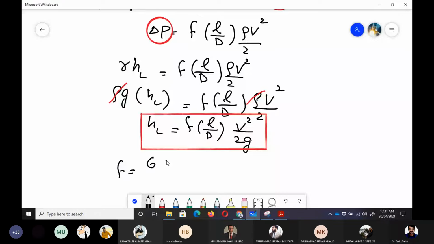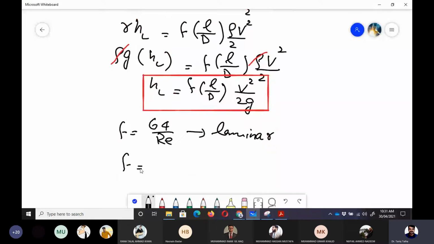For turbulent flow, as we discussed from dimensional analysis, it is a function of Reynolds number and relative roughness, right? But this is a functional form. We don't know the exact relation in the case of turbulent fully developed flow.